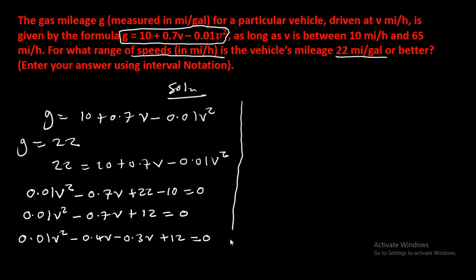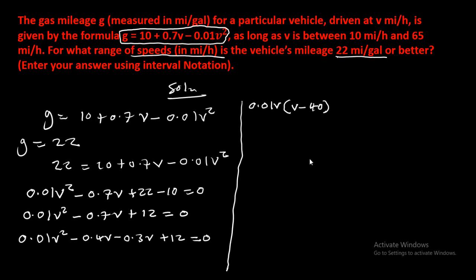When we factorize by grouping, we are going to have 0.01v, and then open bracket, inside there it's going to be v minus 40.